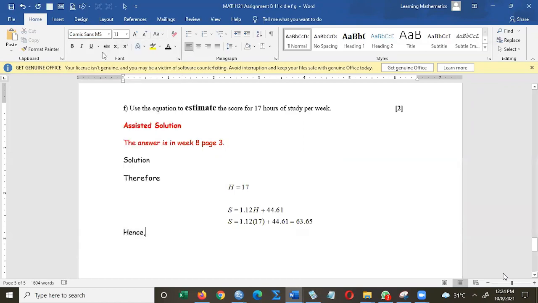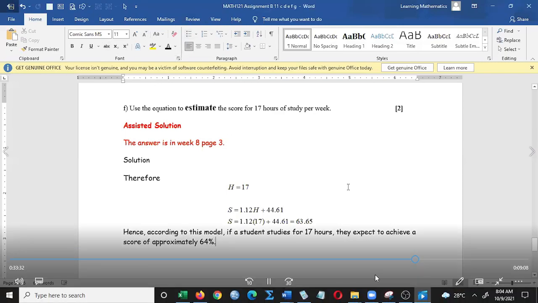Hence, according to this model, that's another word for formula, if a student studies for 17 hours, they expect to achieve a score of approximately 64%. When coming to final conclusions, you have to speak in terms of approximately. Okay, when you are making your final deductions, conclusions.